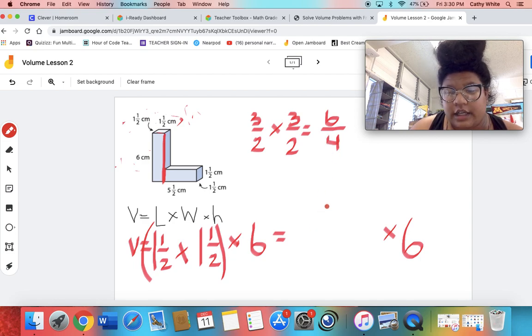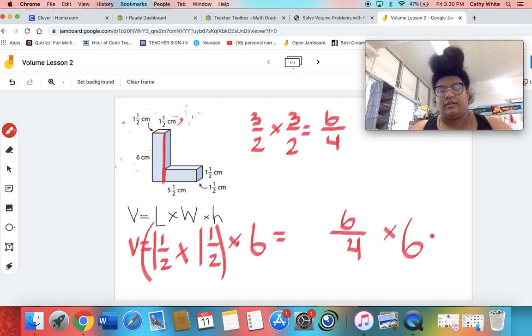So I'm just going to plug in my fraction over here. 6 over 4, sorry. And then we're just going to multiply.